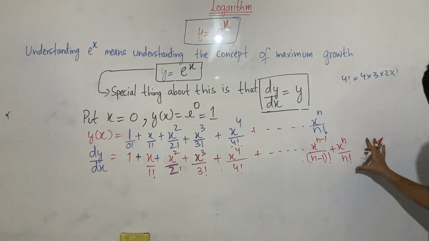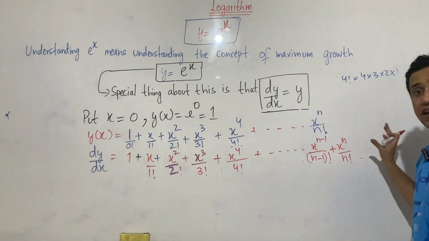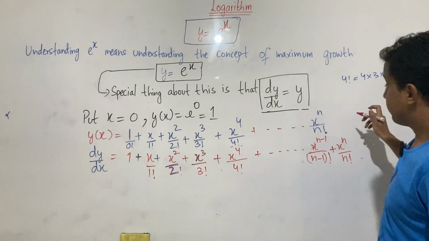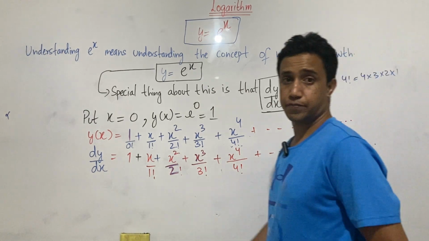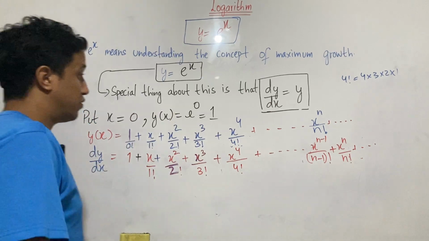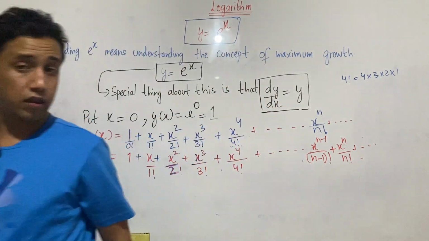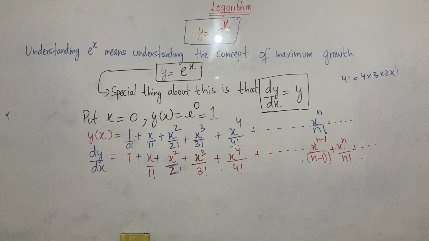Now this thing won't stop here. It will go on forever, so here I just put the dot. I hope you can see it. Let me check. Yeah, it's visible.